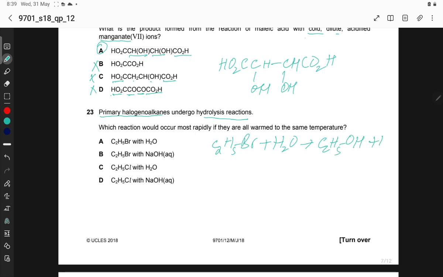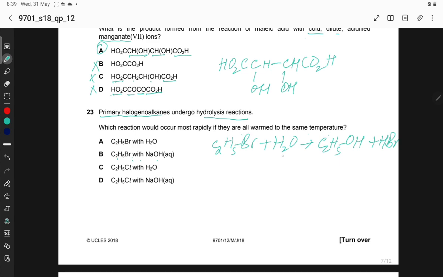The compound formed is ethanol, C2H5OH plus HBr. So HBr is not formed here because this is hydrolysis, sodium alkaline hydrolysis, C2H5Br with sodium hydroxide. They are all warmed to the same temperature.